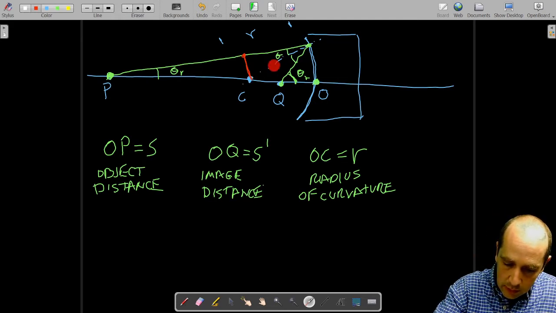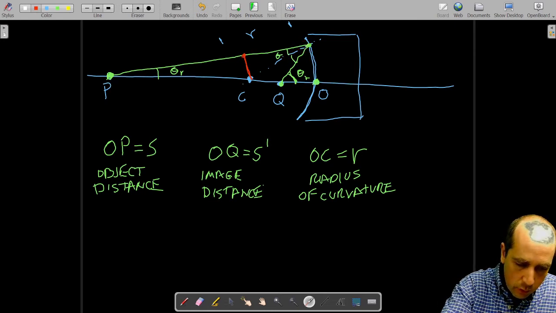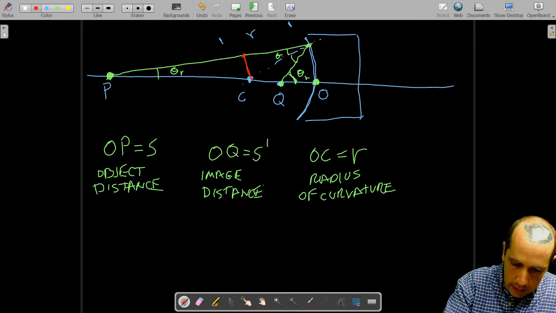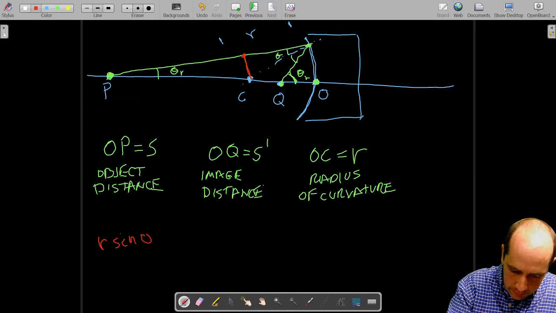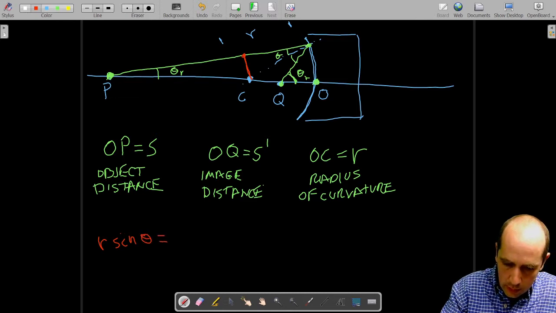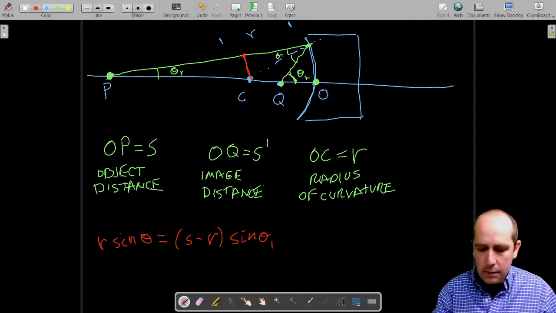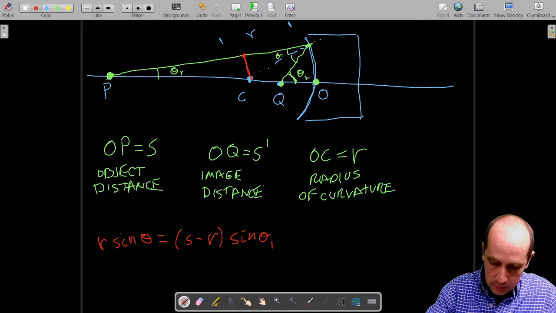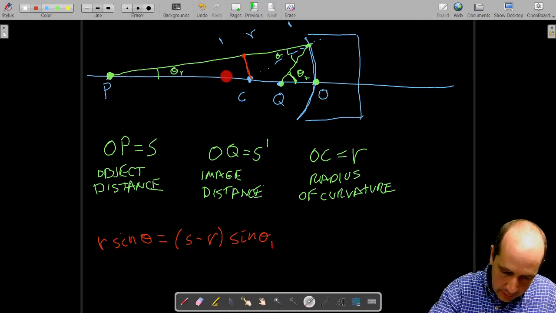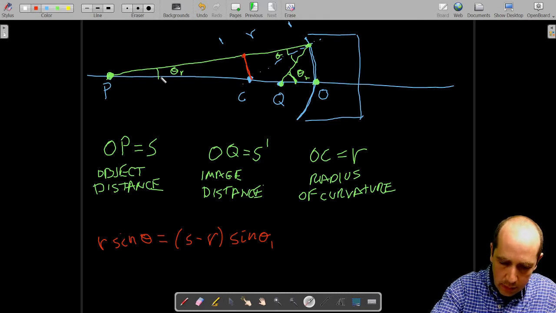If we look at this one first, the red line can be written as R sine theta, and for the other one it can be written as S minus R sine theta 1. This is just using this distance as the hypotenuse, and using this angle over here.